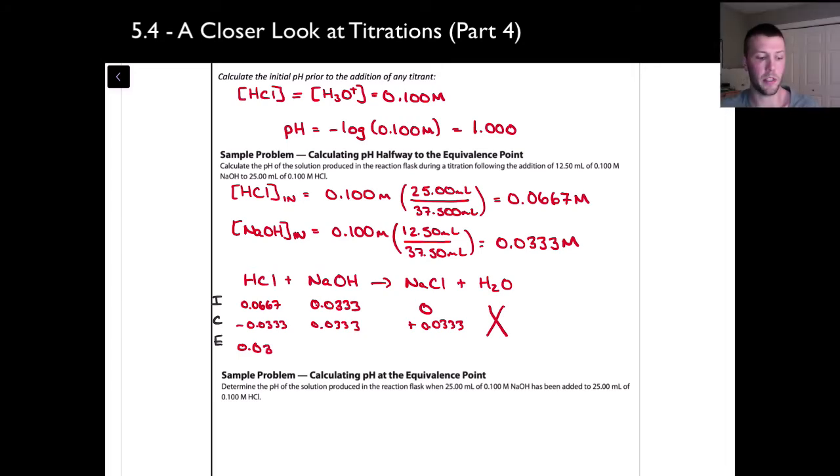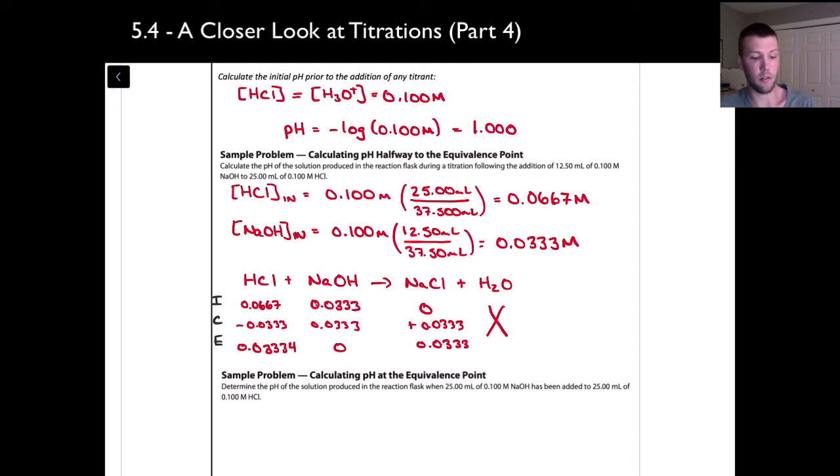And from this problem, we can see that the hydrochloric acid is still in excess over the sodium hydroxide. And so the sodium hydroxide is going to neutralize the acid, but I'm still going to have 0.0334 molar hydrochloric acid in excess. I'll have no sodium hydroxide, as it's been completely neutralized by the excess acid.